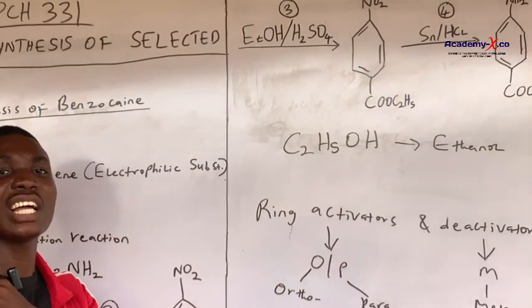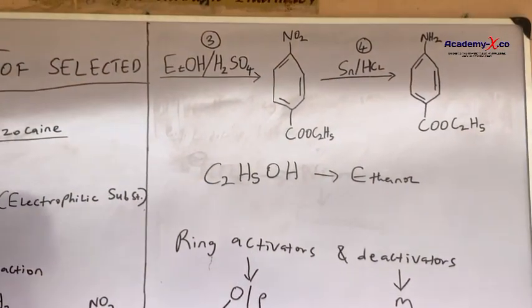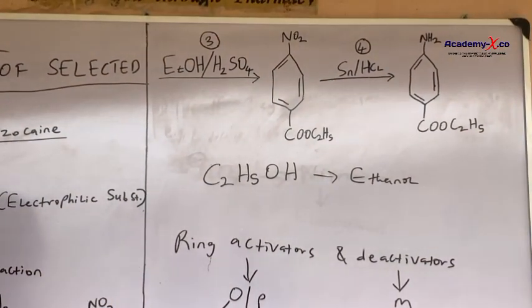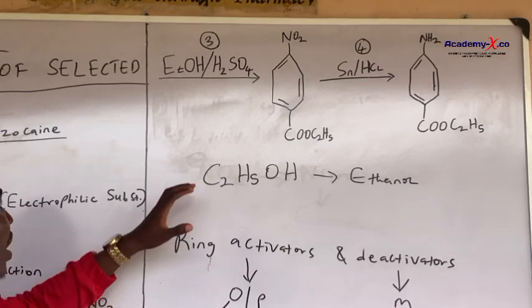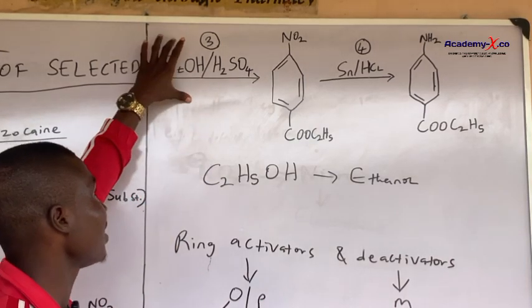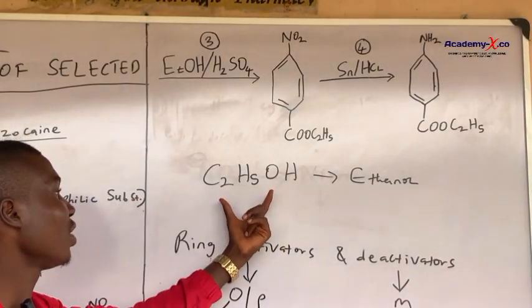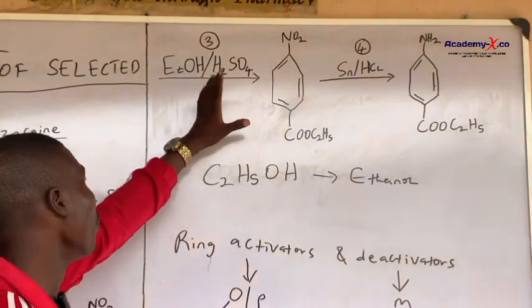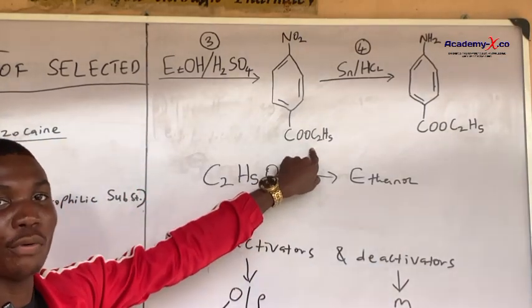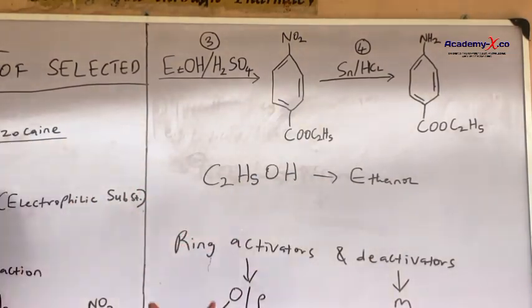So you can look that up if you want details of the whole movement of ions in the process of getting this C2H5 from the ethanol moved down to this part of the compound we are dealing with. You can actually look that up.